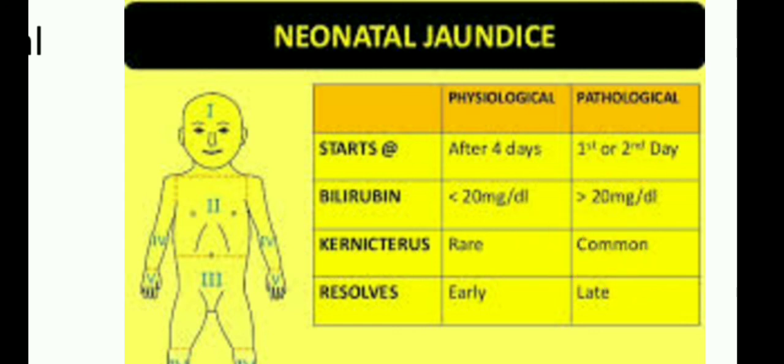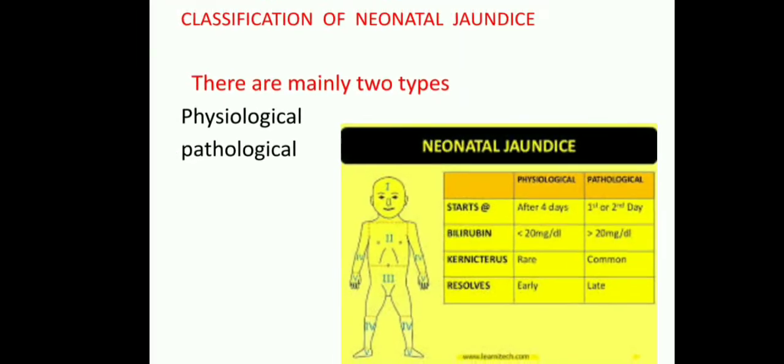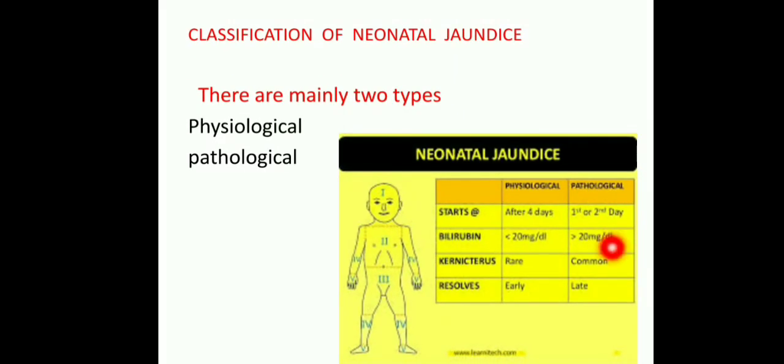This is the classification of physiological and pathological jaundice. Here, pathological jaundice means that immediately after birth the child has a serum bilirubin level of more than 20 milligrams.